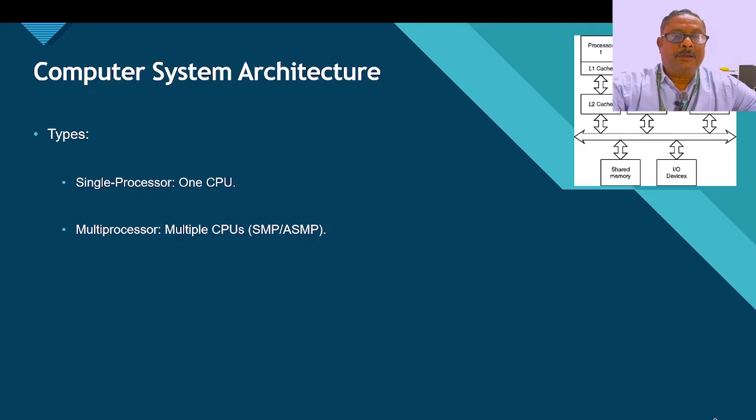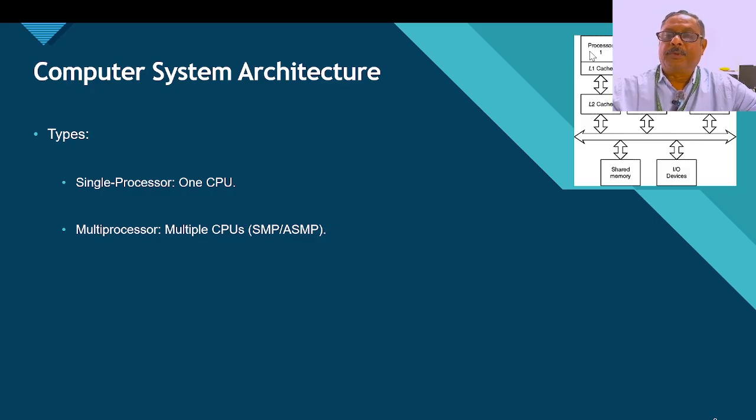Then we have another environment which we call a multiprocessor environment, where we have multiple CPUs. As we can see in the figure, there are multiple processors, processor 1, 2, 3 up to N, and each processor in turn has its own cache memory, which we call L1 cache. Along with that, there is one more memory provided to individual processors separately.